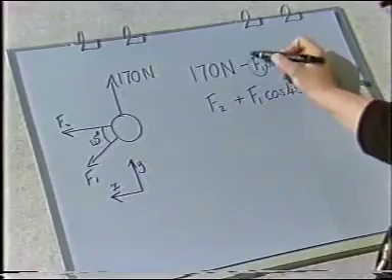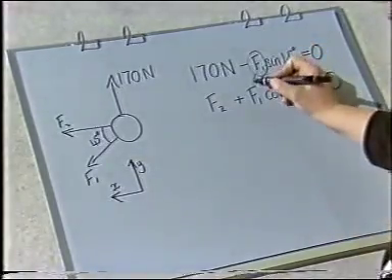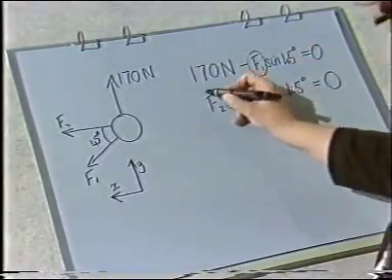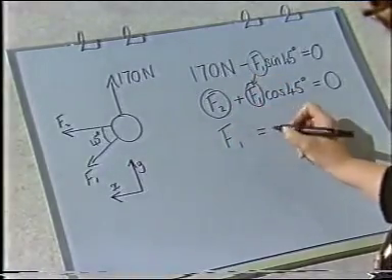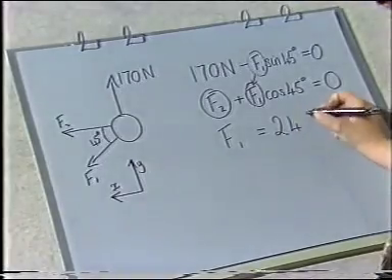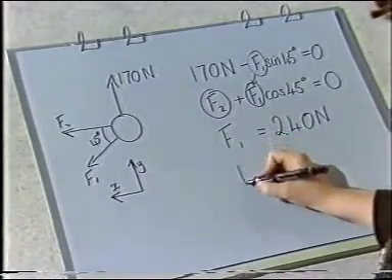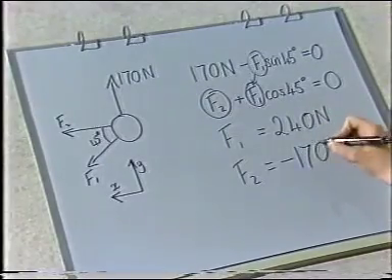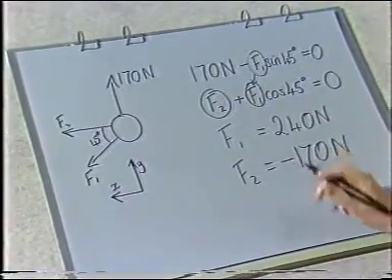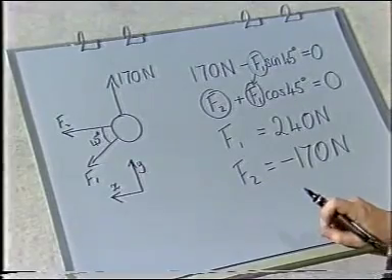I can get F1 from that equation. If I put it in there, I can find F2, and I get the answer that F1 is equal to 240 newtons and F2 is equal to minus 170 newtons. The minus sign indicates a compression force.